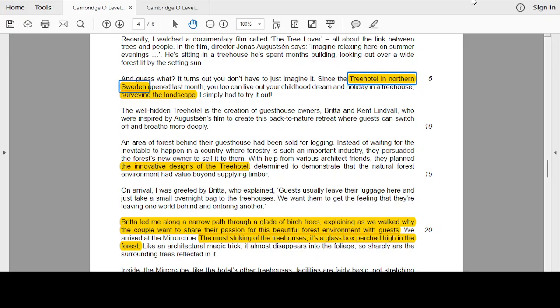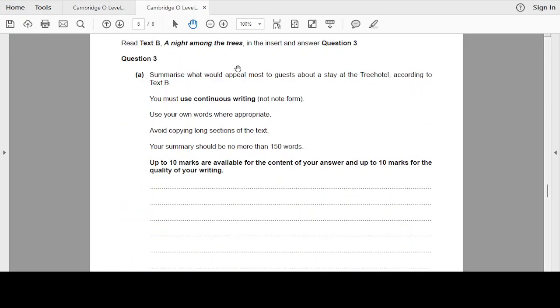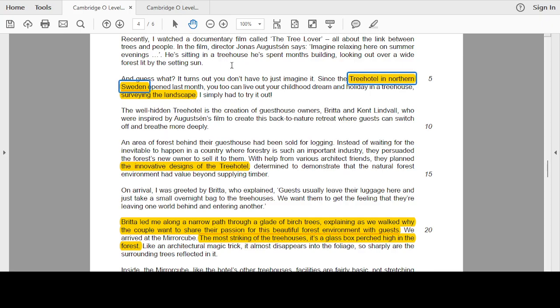No. When they're asking for what would appeal most to guests, it is certain features about the hotel itself or the surroundings of where it is built, or maybe the facilities at the hotel, something like that. We could argue as a regular person, well, it's in northern Sweden, it's a beautiful place, so that itself would appeal to me. But the way we want to go about it, I would not take this into consideration. So I will remove that.